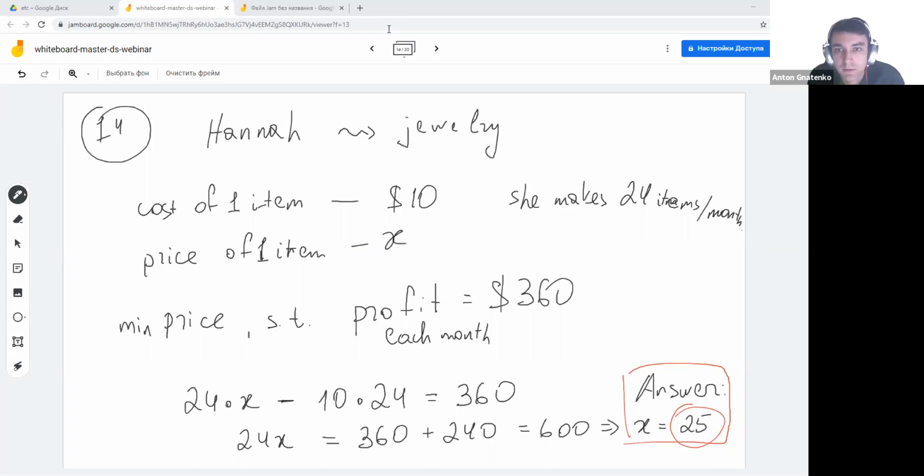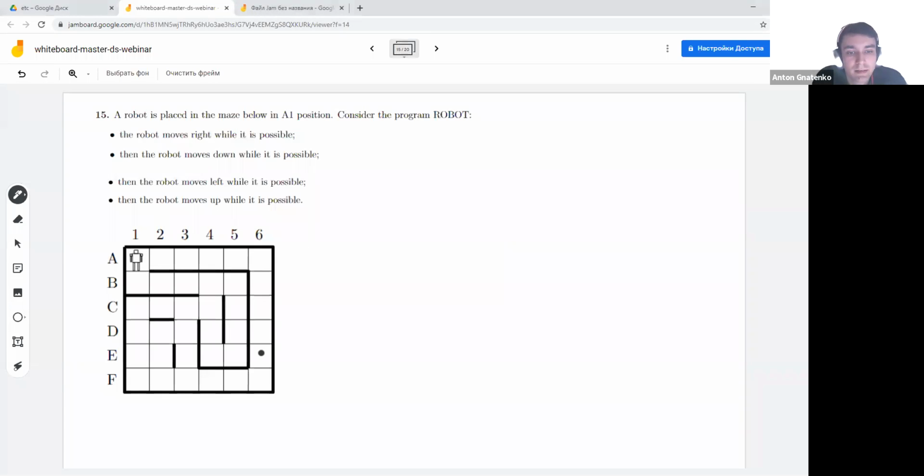Problem number 15 is about a robot who lives in a maze, and it has a program which it executes. The robot starts at the cell A1 of the maze, and then it executes this algorithm 20 times.